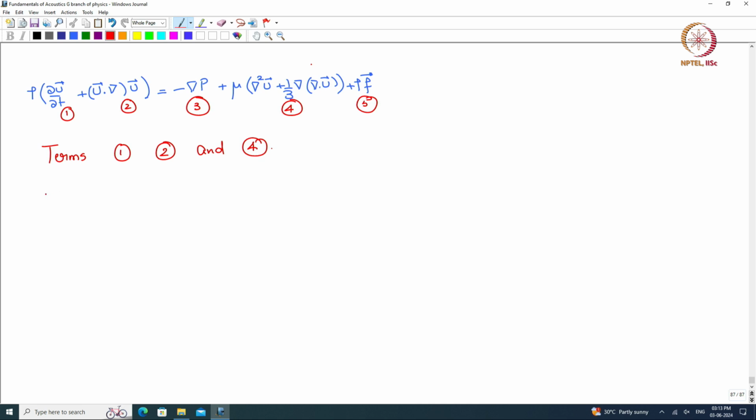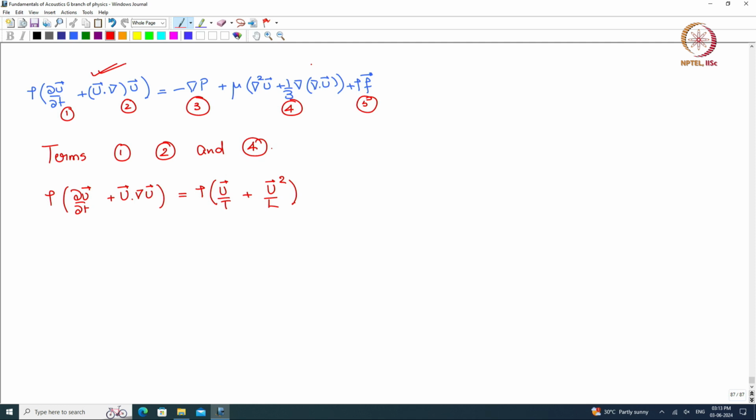Let me take it separately: rho del u by del t plus u dot del u, I will write as rho u bar by T plus u bar squared over L. There is only one gradient. That is this term on the left, 1 and 2.